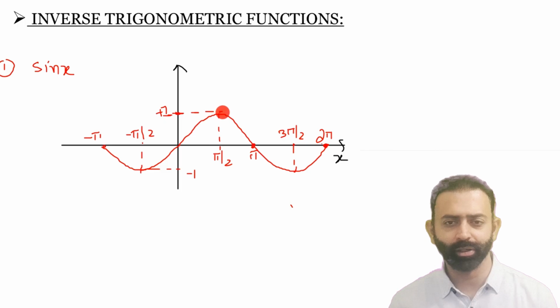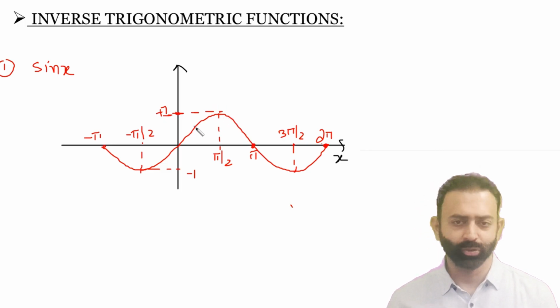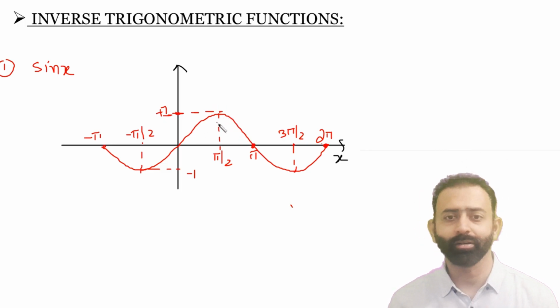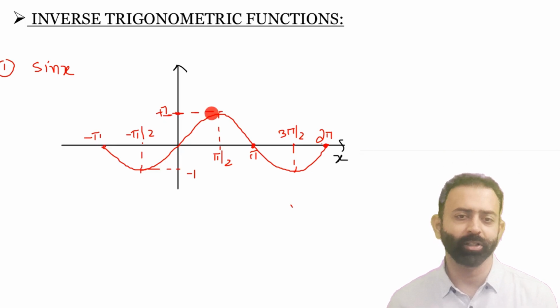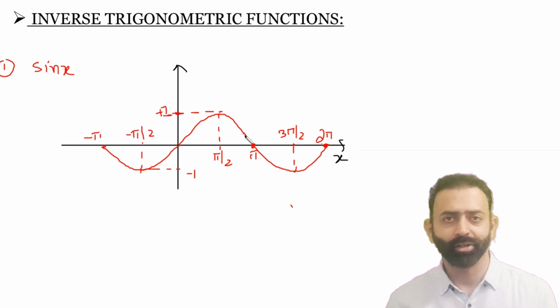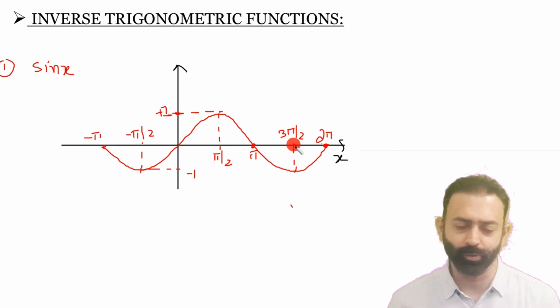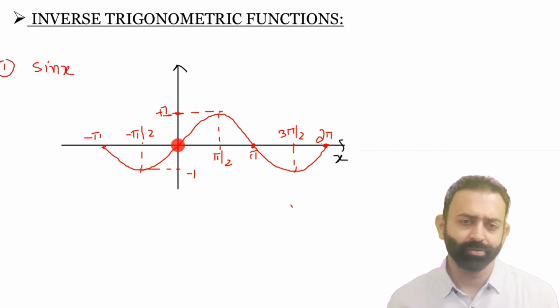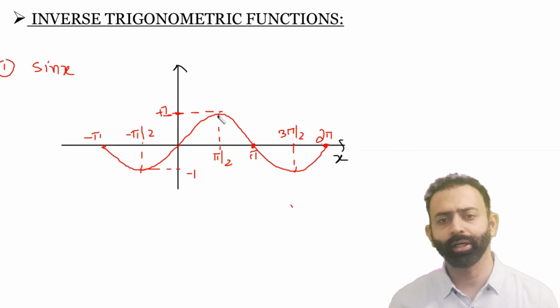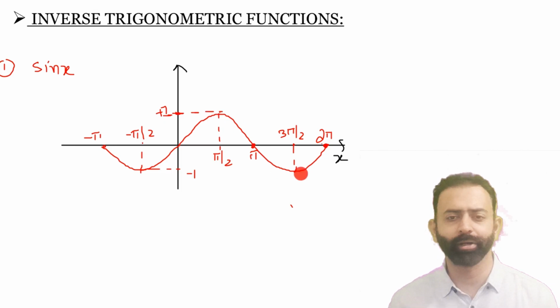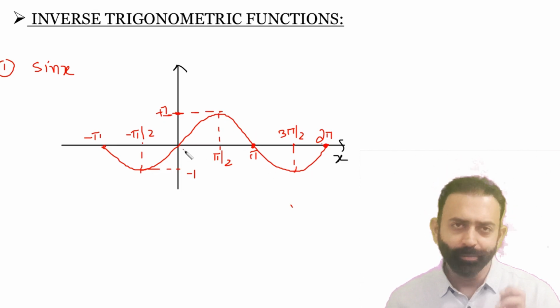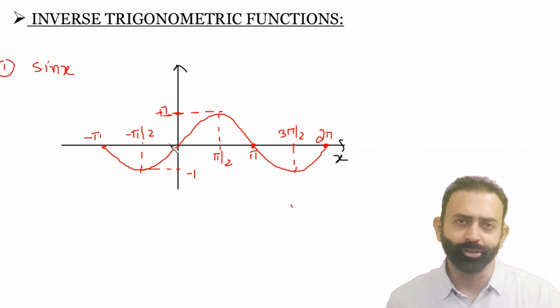After pi by 2, the value again keeps on decreasing, so it will reappear. Any value between -pi by 2 and +pi by 2 will reappear in the interval pi by 2 to 3 pi by 2. So you can take either the interval -pi by 2 to +pi by 2, or you can take another interval pi by 2 to 3 pi by 2. Both these intervals will make the function one-to-one.